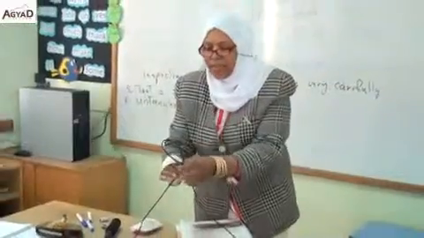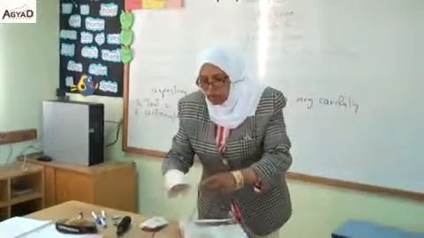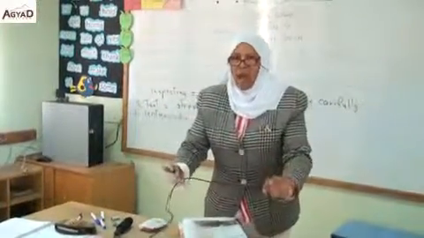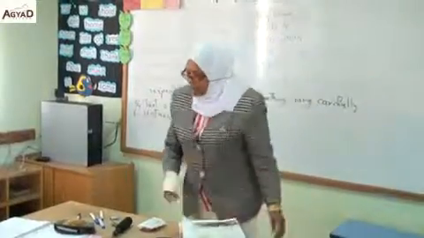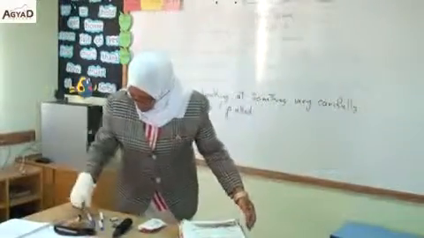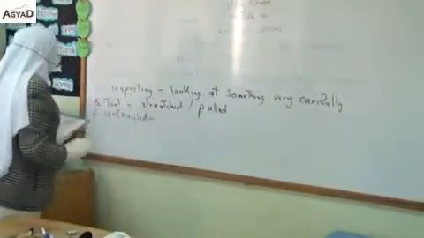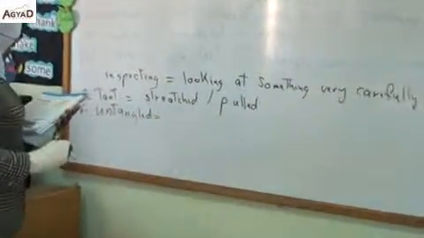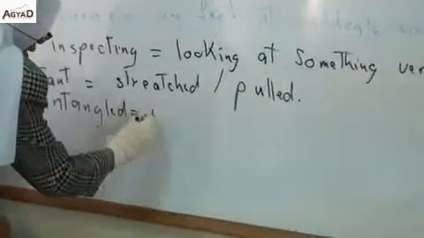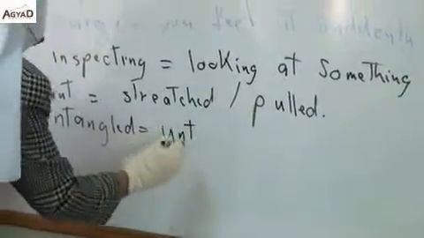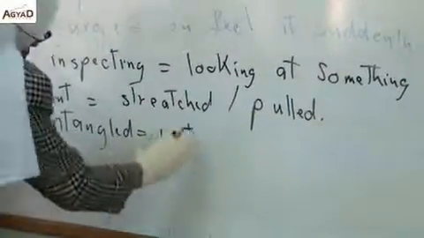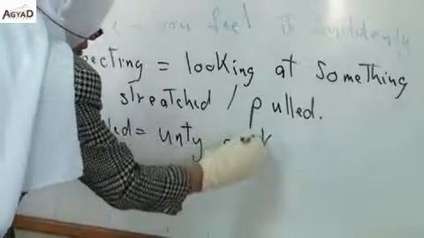To untangle it means to loosen the knot. This is untangled. So untangled means to untie a knot.